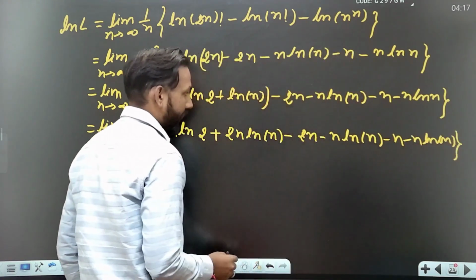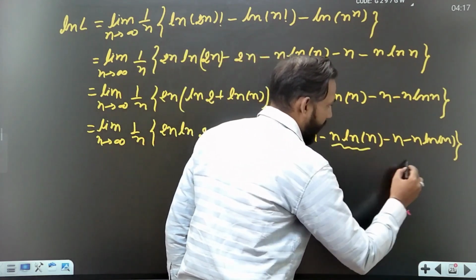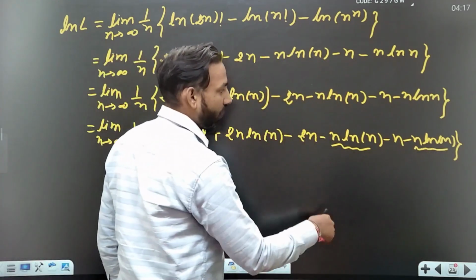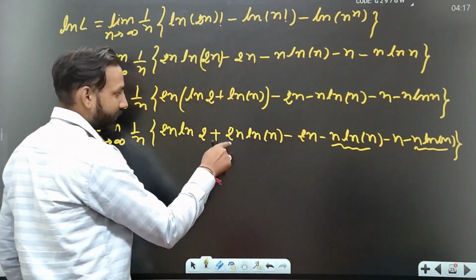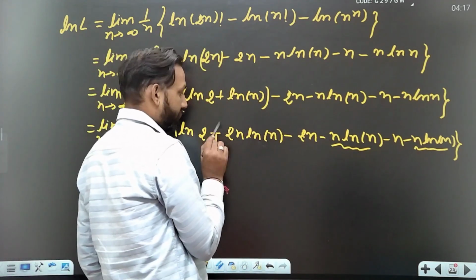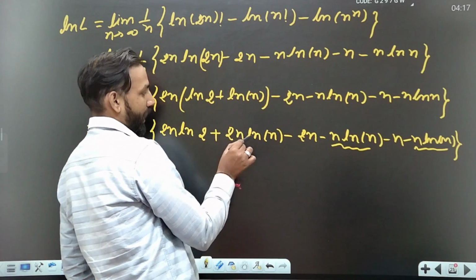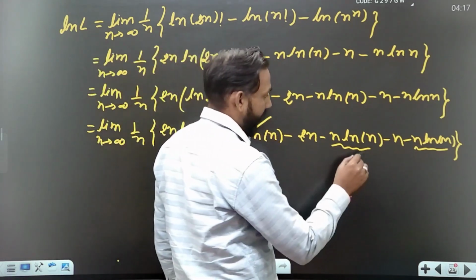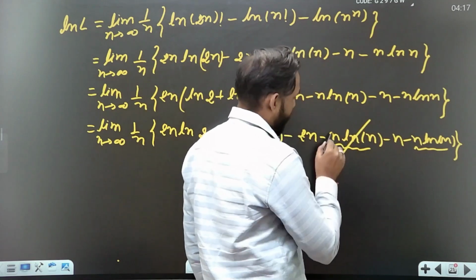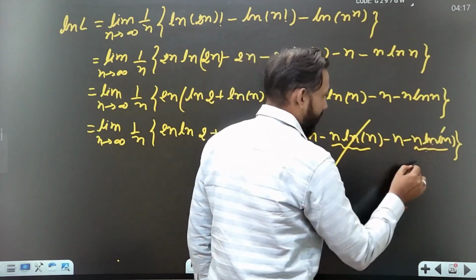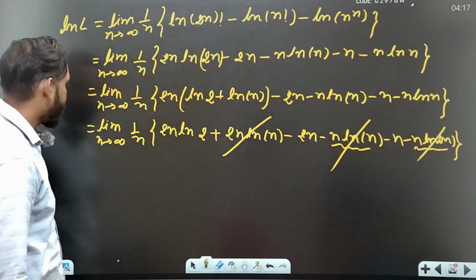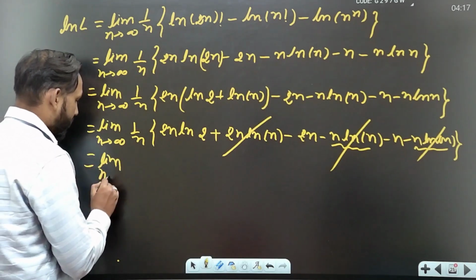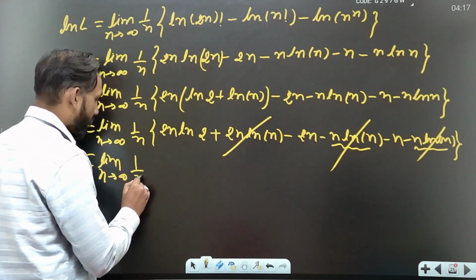Okay, and this n ln n and this ln n will together be minus 2n ln n, right, like this. And this is positive 2n ln n, then positive 2n ln n will be cancelled out by minus n ln n and n ln n, and we have here limit n tends to infinity 1 over n.